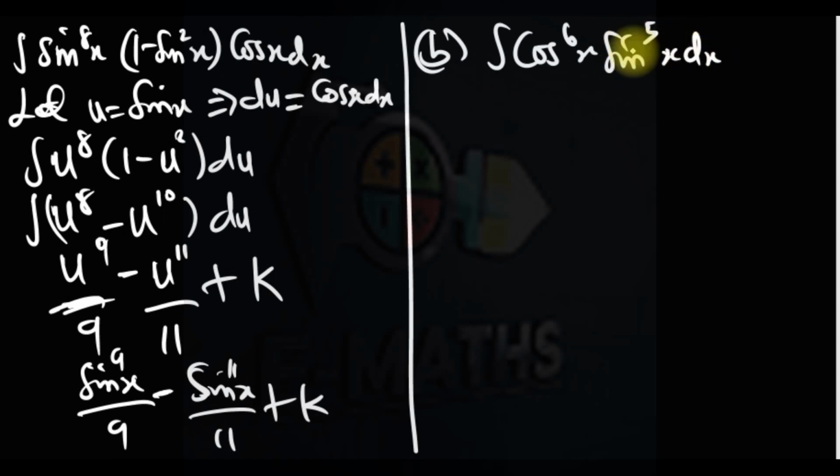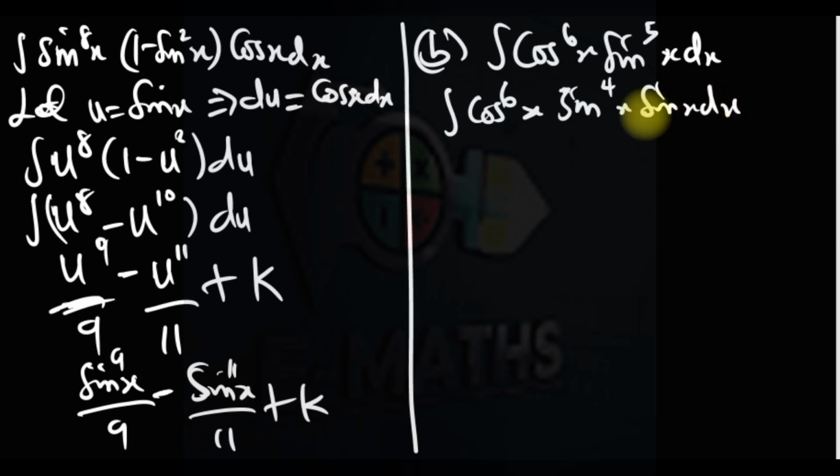So what do you notice? The odd power here is sine, so our u will be cos. So we'll split this as integral of cos x raised to power 6. We must save a factor of sine since u is cosine. So this could be written as sine x raised to power 4 sine x dx.